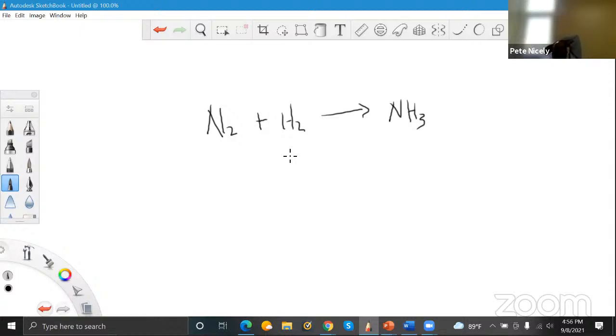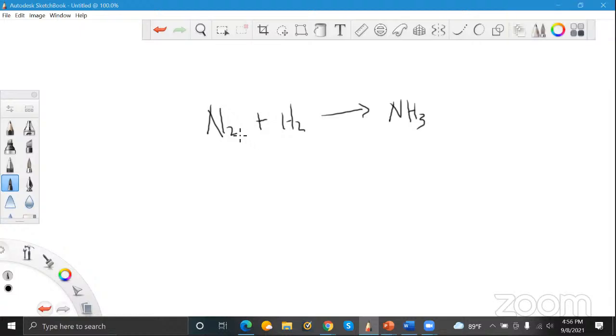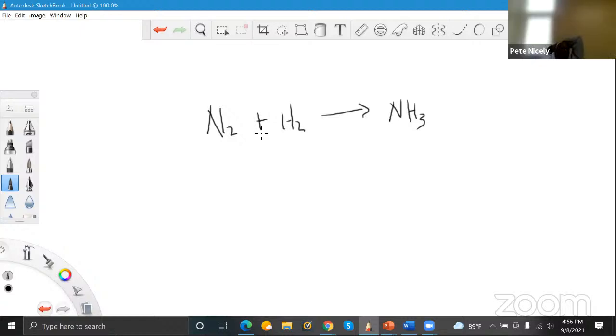So I just use the same process. So the equation is going to need a coefficient of 3 next to the hydrogen and a coefficient of 2 next to NH3. And it will have 6 hydrogens and 2 nitrogens on each side. Okay, that's correct.